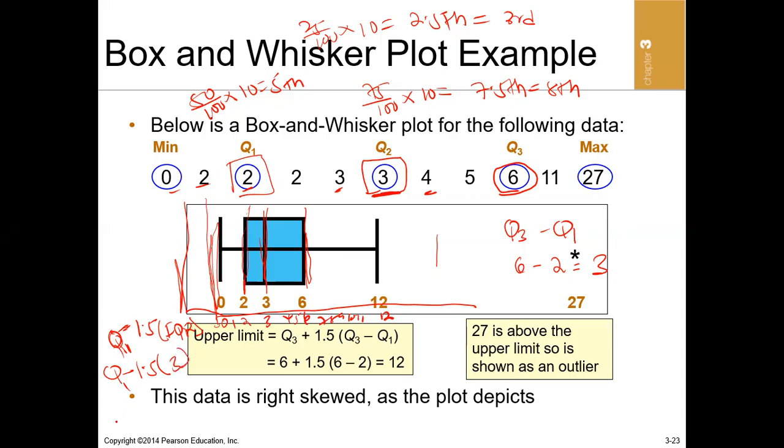Q1 itself is 2, minus 1.5 times the interquartile range. If you compute this, 1.5 times 4 is 6, and 2 minus 6 gives you minus 4.